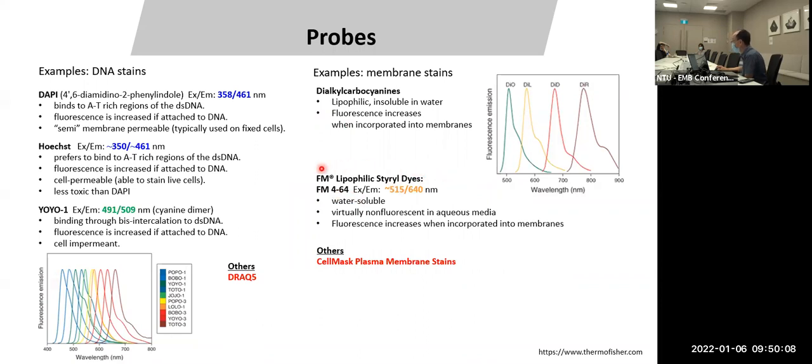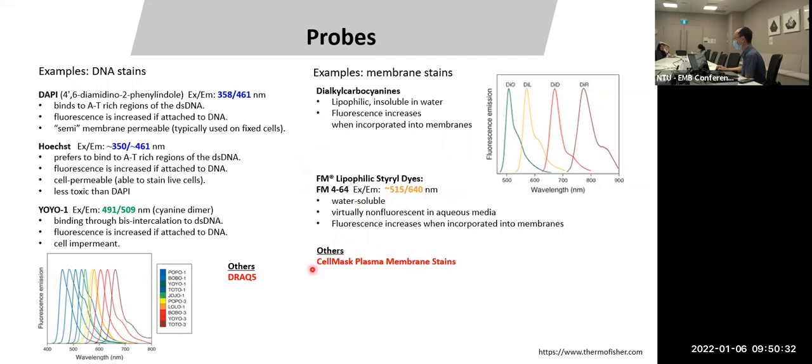If you stain your sample with this dye and go to a very basic microscope, you actually can't image it because the filter sets are fixed for low Stokes shift dyes. So if you want to image this dye, you have to go to a microscope that has a flexible excitation and emission filter setup. Otherwise, you can't image it.